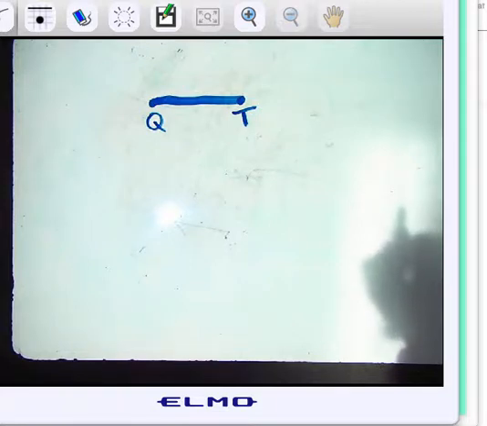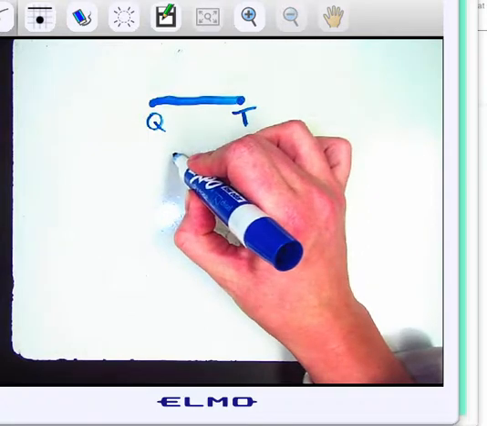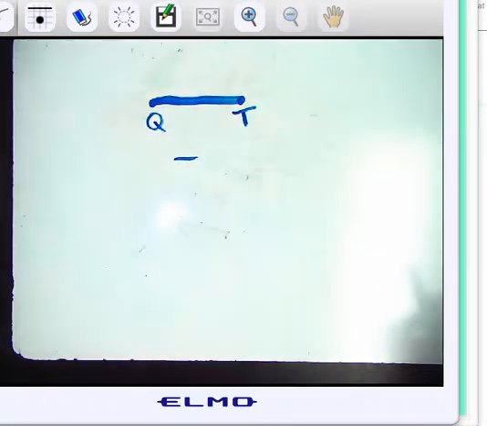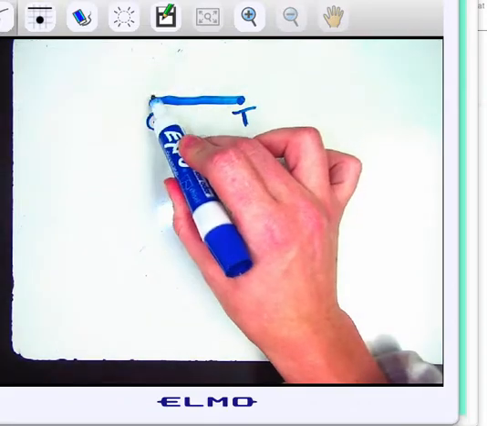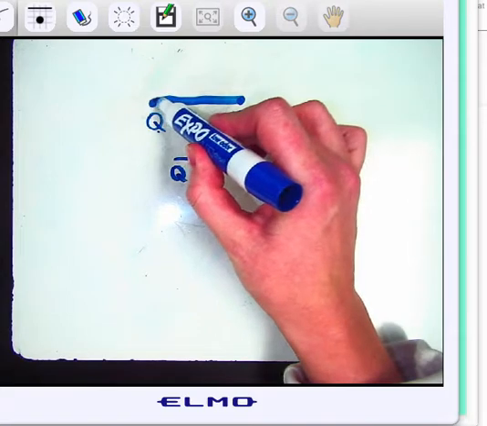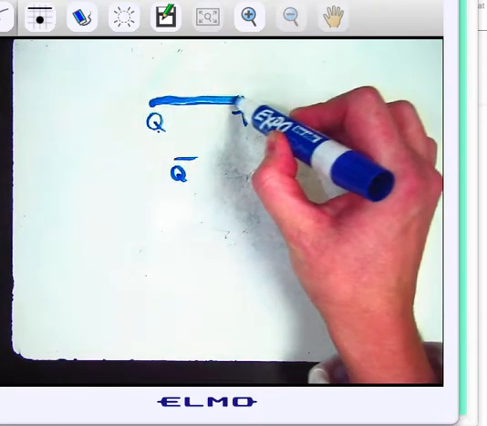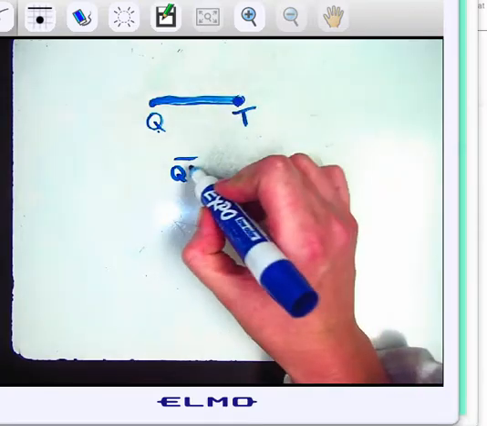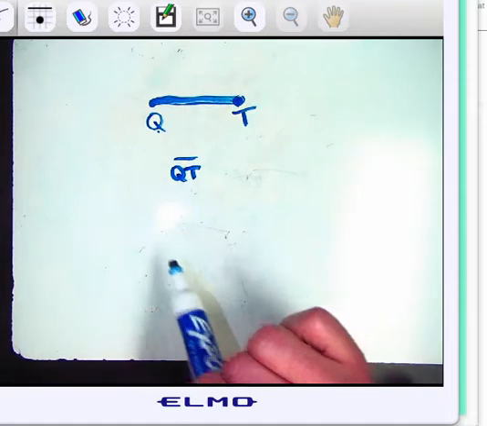With segments, what I want to do is draw a little mini segment right underneath it, just like that, a little small one. And then I want to use the letter that's right next to one of these endpoints, so this is Q. And it travels down in a straight line all the way down to T. And then I say, hello, T, I ran into you. I'm going to write T down here. So I would say the name for this segment is QT.